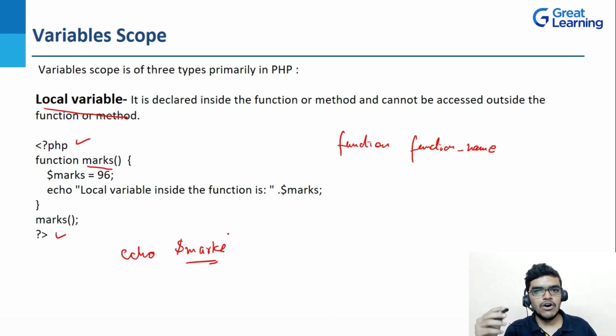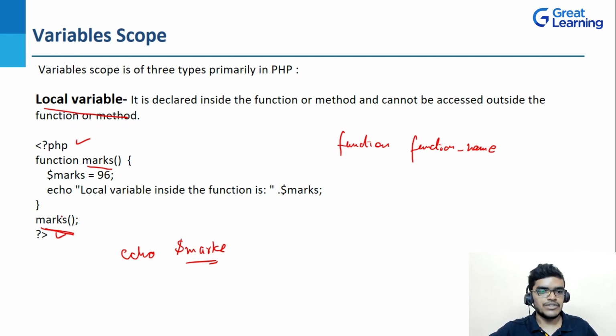So if you want to call a function, how can you call it? We know that we can't directly print a function. A function has to be invoked or called. I will discuss more about functions later on, but as of now just know that if you want to print a function, you have to call it. So I'm calling the function marks with the function name.